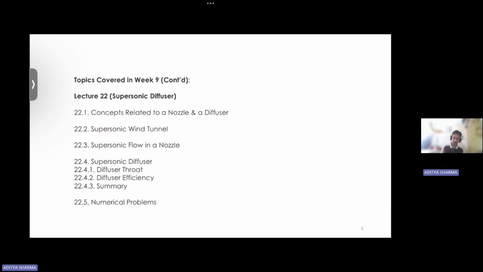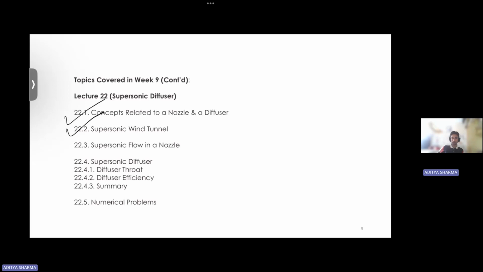So in this lecture's content, the first topic discussed is concepts related to a nozzle and a diffuser. Different concepts related to a nozzle and a diffuser have been discussed in this topic. And then this lecture comes to the supersonic wind tunnel.